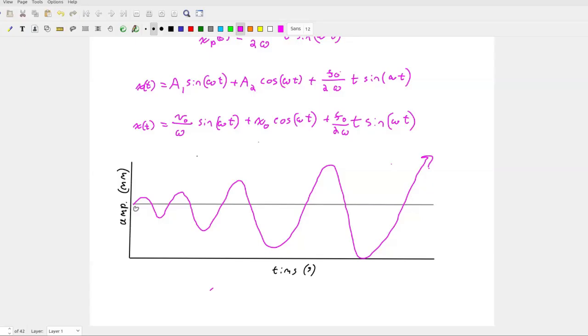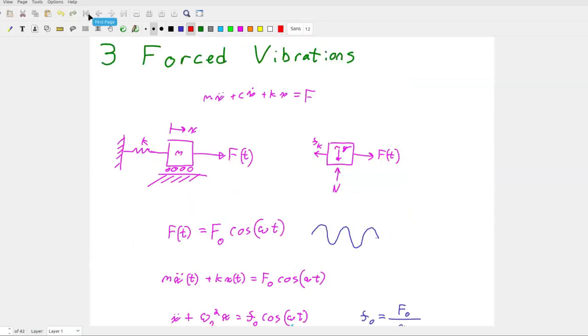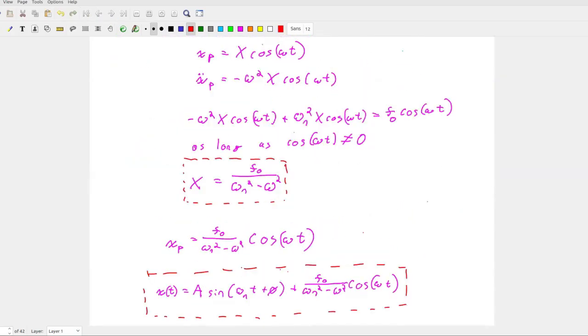We have oscillations in the term, but if you take out all of the terms that oscillate, everything related to sine, what you're left with is, let's go red because it's bad. I want a straight line.